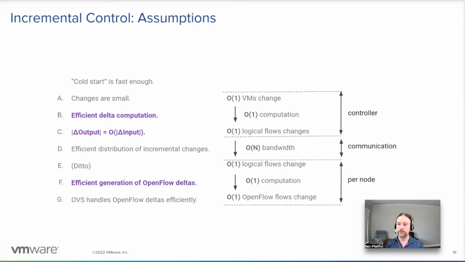And I'll talk about that a little bit more in a minute. And then in C, we have to believe that the size of a change to how the system should behave is proportional to the size of the change in the configuration. So I'll talk about that also just a little bit.